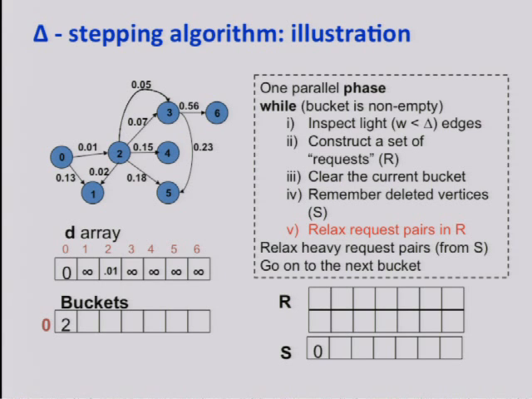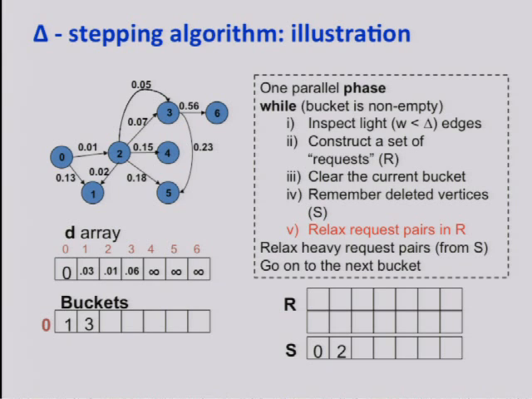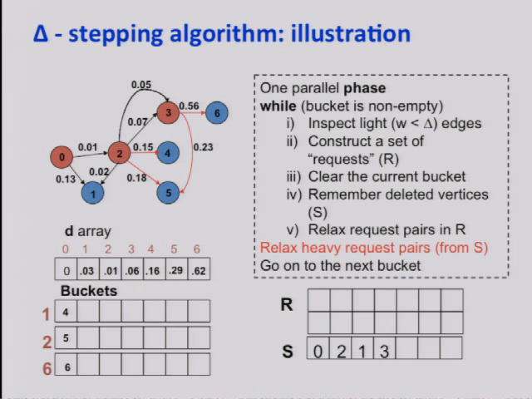So processing a single bucket, unfortunately, is not a single parallel step. It can be multiple steps. And we will only finish when all the distances are above the first delta size. So we will execute the first iteration, the second iteration, and at that point, we will go to the second bucket because our bucket will be empty.